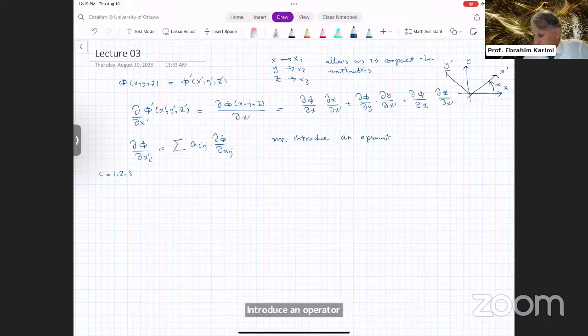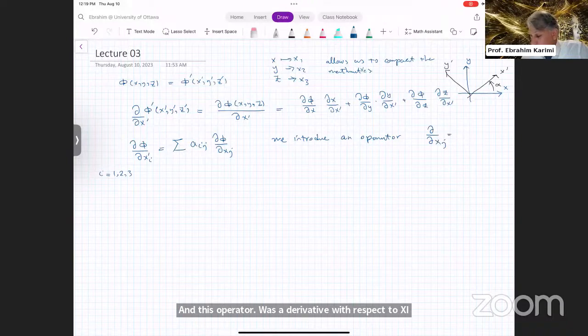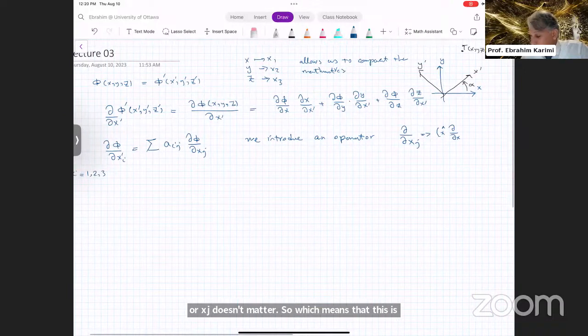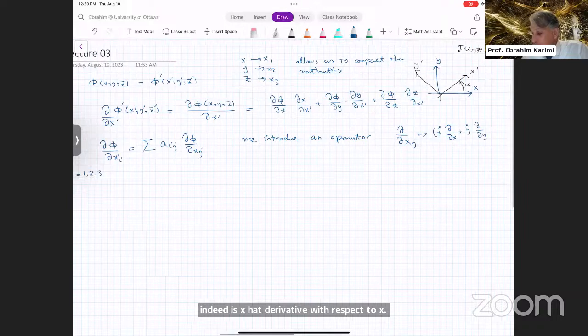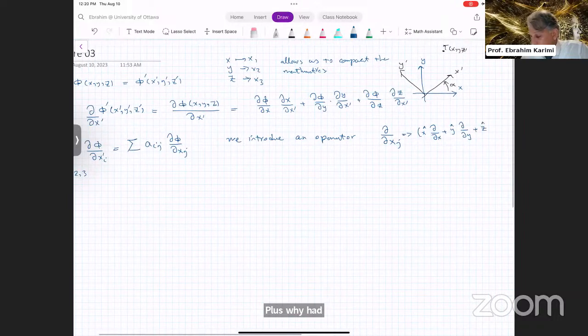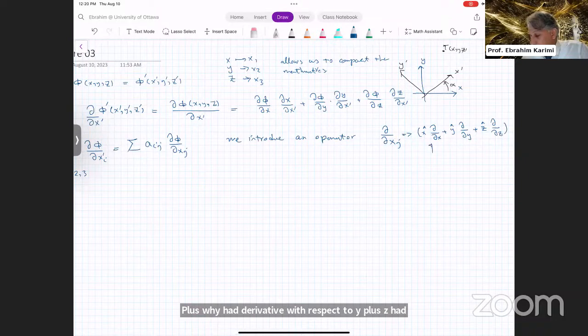This operator is a derivative with respect to x_i or x_j, it doesn't matter. Which means that this is indeed x hat derivative with respect to x, plus y hat derivative with respect to y, plus z hat derivative with respect to z. And remember, that is in the Cartesian coordinate.